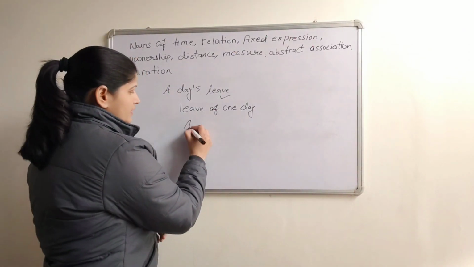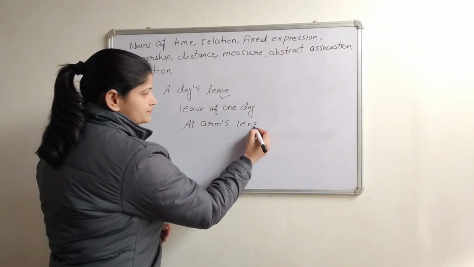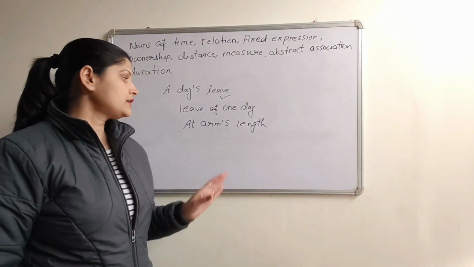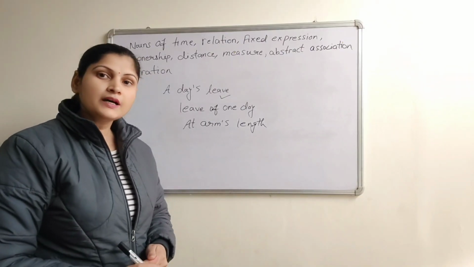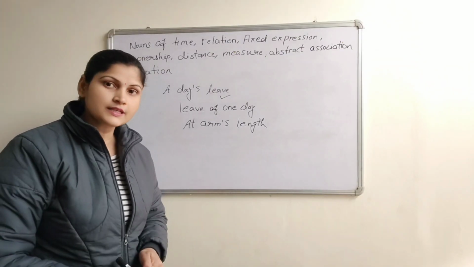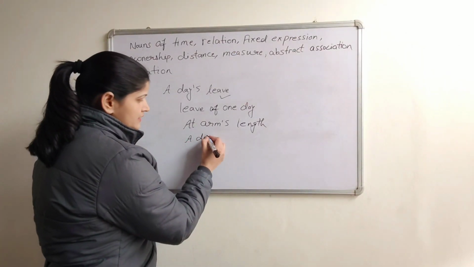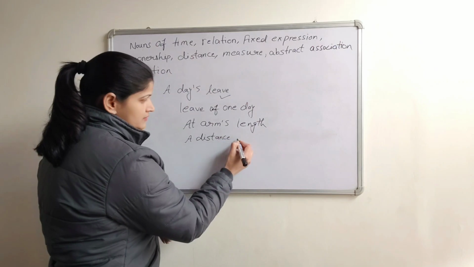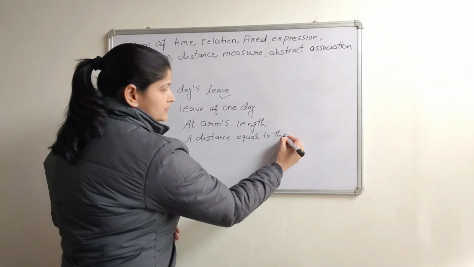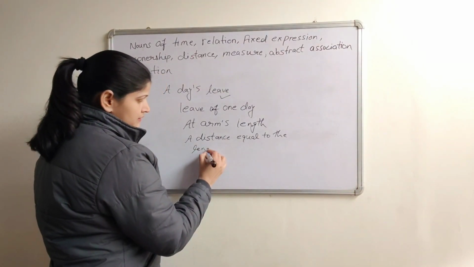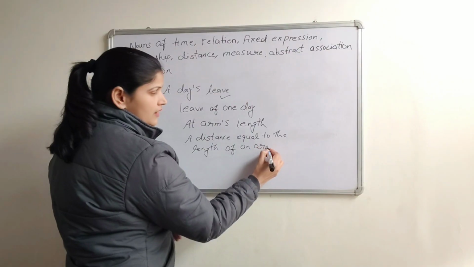Similarly, at arm's length. Here, arm is not used as a living being, but as a measure of distance, meaning a distance equal to the length of an arm.